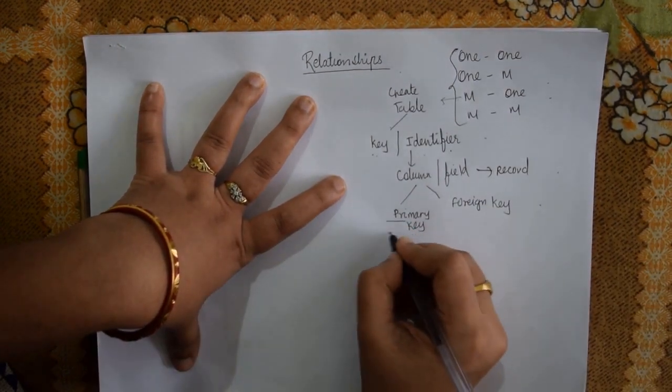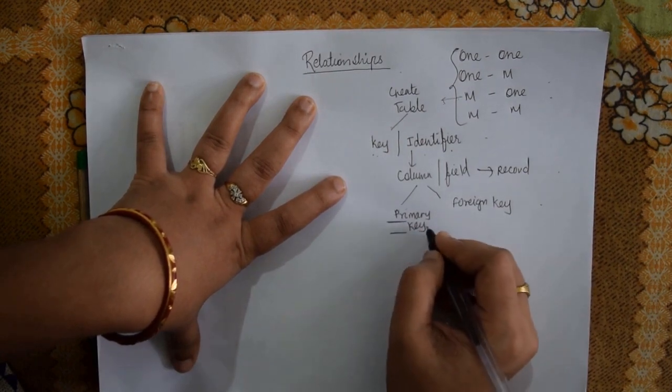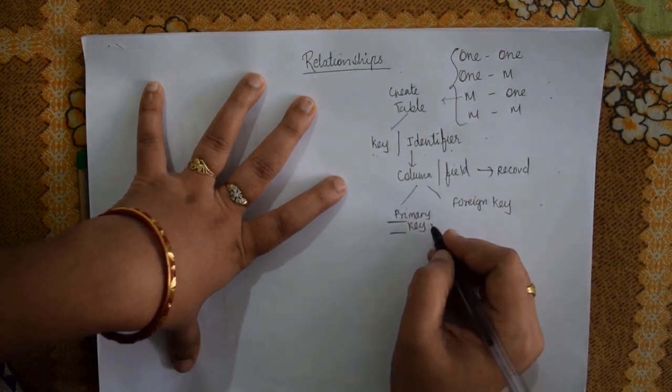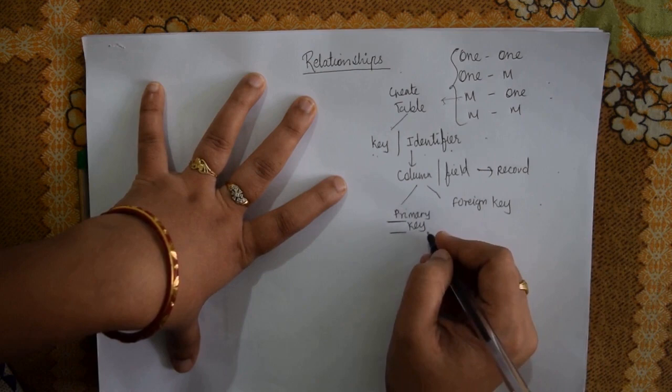Now primary key. We have already discussed primary key in detail in my previous video on constraints. You can check it, the link is given in the description section. We also took an example and a demo to understand it more clearly.